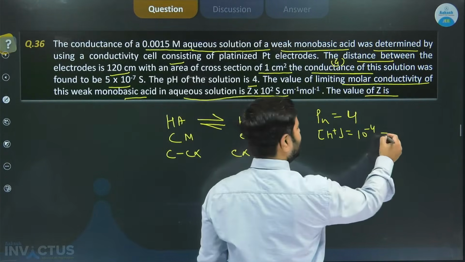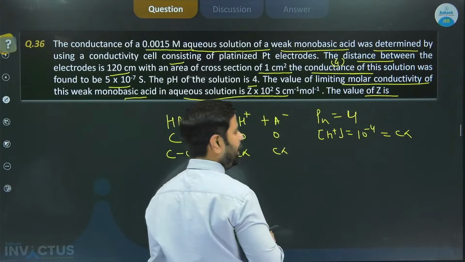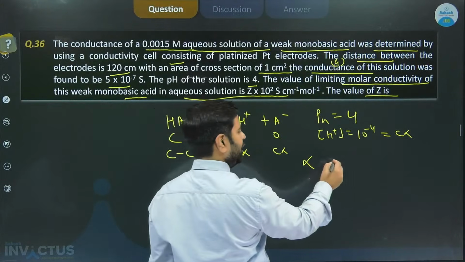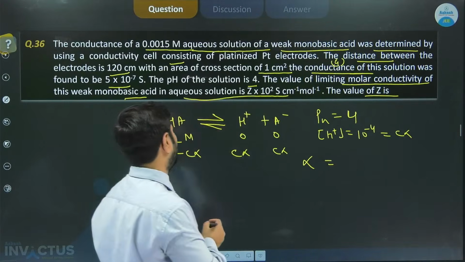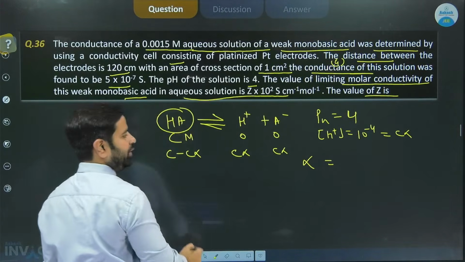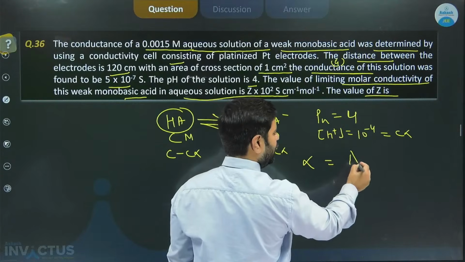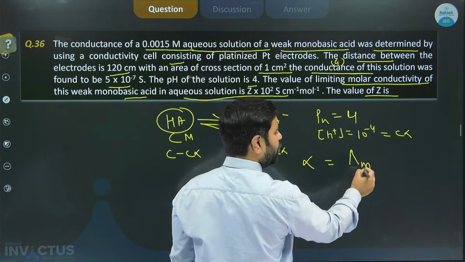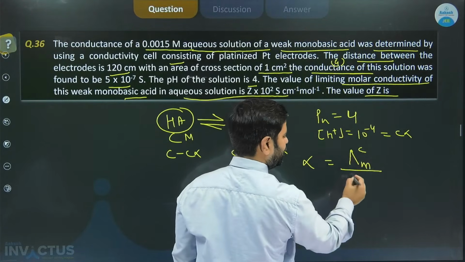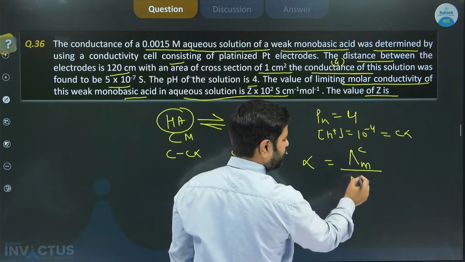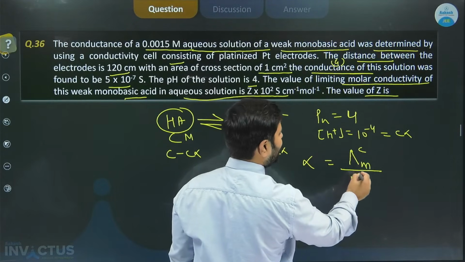So H plus is C alpha. Okay. Now we need the alpha. How can we calculate the alpha for the weak acid? According to the application of Kohlrausch law, alpha is the molar conductivity at a particular concentration over the molar conductivity at infinite dilution.